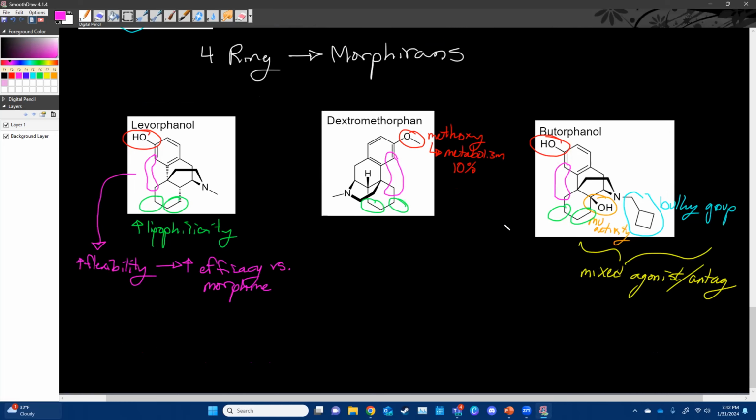All right. So where we have to go from here is our non-morphine derived drugs. So these are drugs where we are not relying on the original structure of morphine to tell us what the drug should look like.